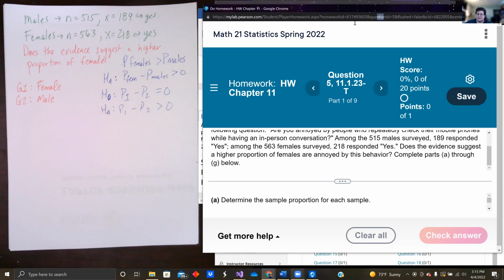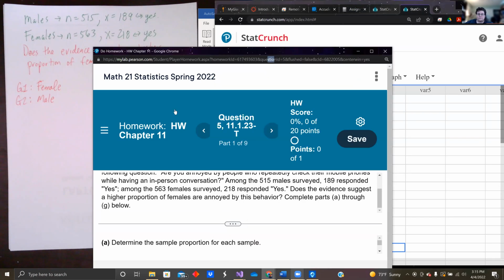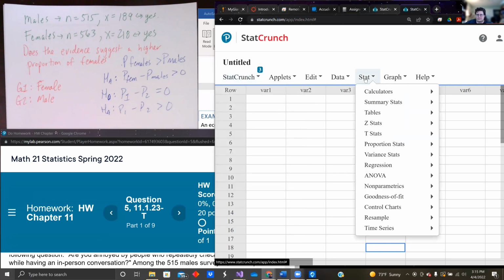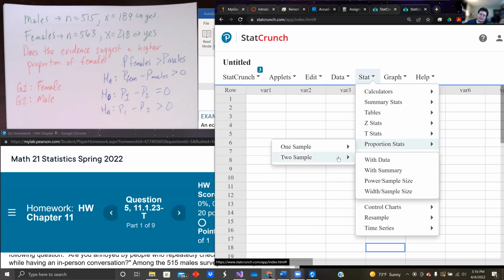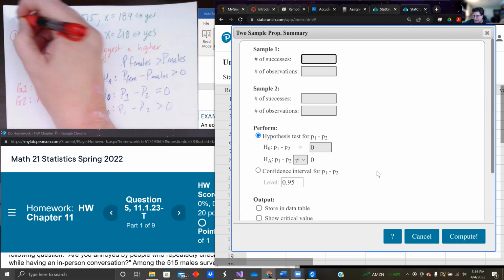I got to come over here to StatCrunch and start plugging some stuff in. So I'm going to go Stat, Proportion Stats. They didn't give me a data table, so I got to do With Summary again. I labeled females group 1, so this will be 1, that will be 2.